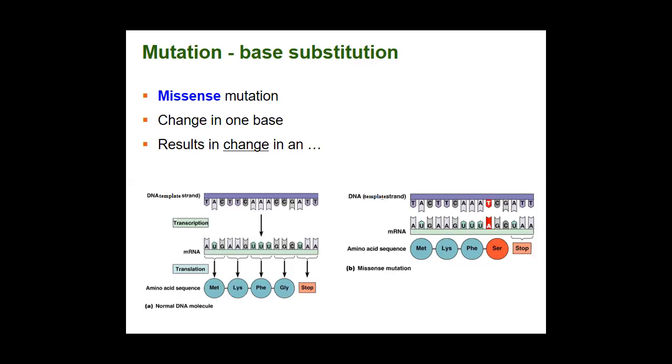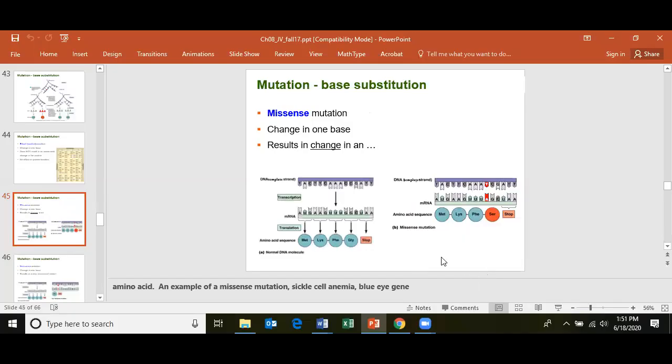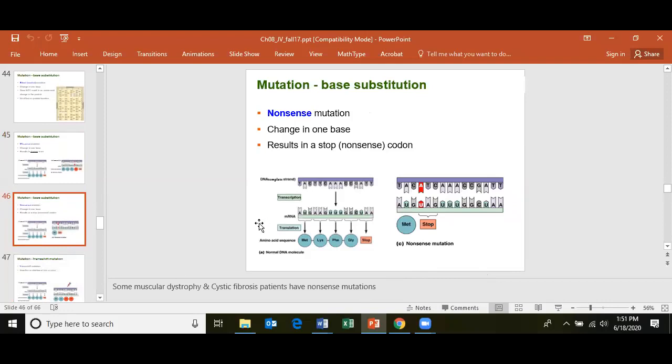Was somebody asking a question? I'm not going to talk about examples. A nonsense mutation is when you change one base, and instead of coding for a codon that codes for an amino acid, you now code for a stop codon.